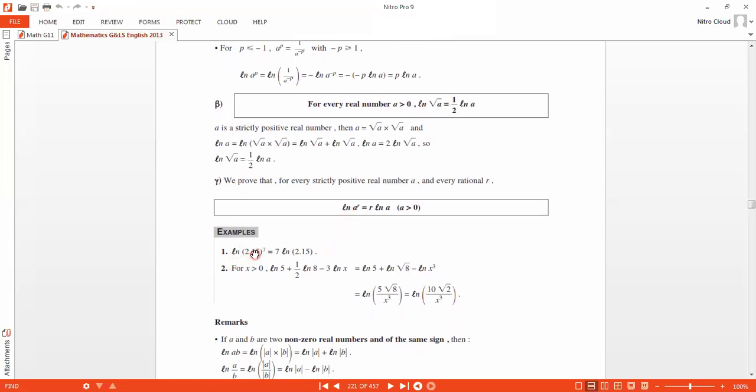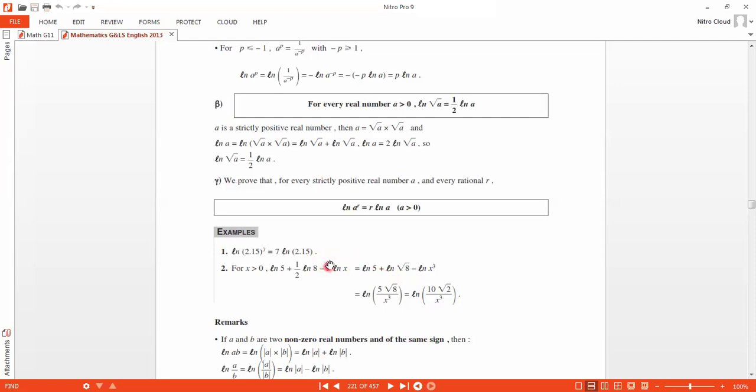Look at these two examples. We have ln (2.15 to the power 7). So you put the 7 down: 7 ln 2.15. Here we have ln 5 plus 1 over 2 ln 8 minus 3 ln x. I have to put them all in one ln. First of all, you know that 1 over 2 ln 8 is written as ln radical 8. So we have ln 5 plus ln radical 8. What about 3 ln x? We can put the 3 up.